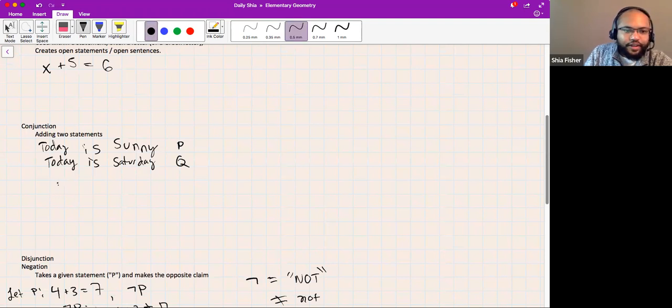It's saying P and Q. It's like grouping them. Not really like adding them, but making them both hold value together. And sometimes people will write it like this, although it's far more common to see it written like this.